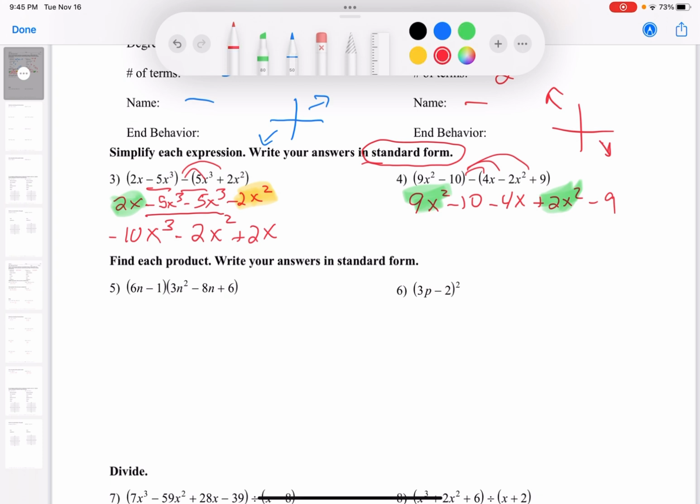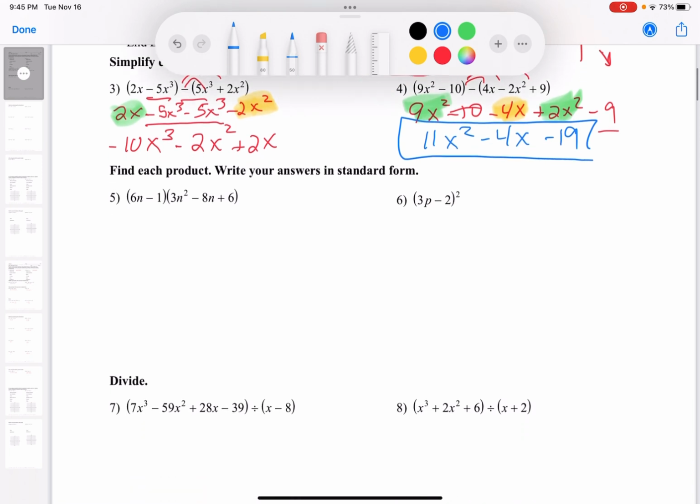Don't want that to be that color. Let's make it blue. 9 and 2 is 11, so that's 11x squared. We've got a 4x, negative 4x, so minus 4x. And then number-wise, we've got negative 10 and negative 9, so that is negative 19. And that is your solution, and you're done.